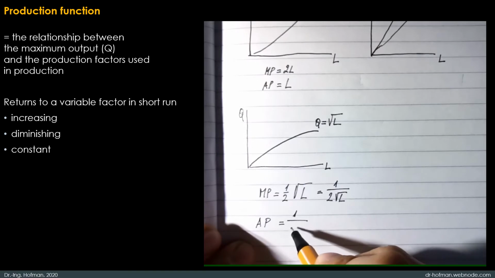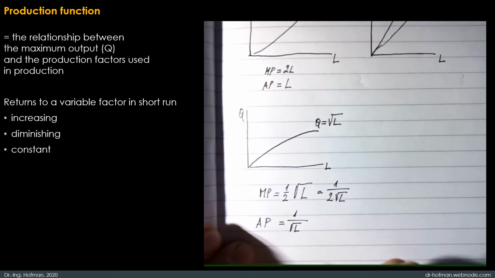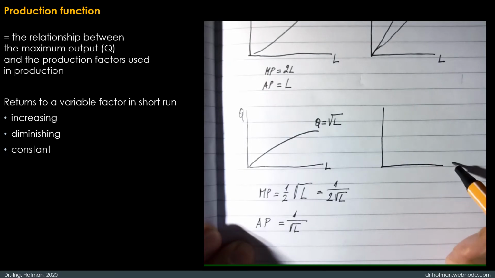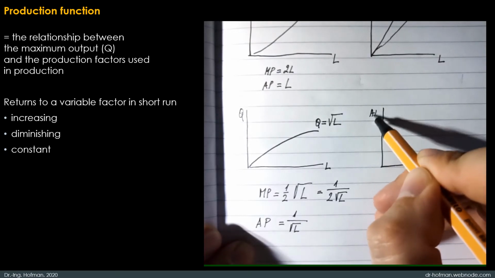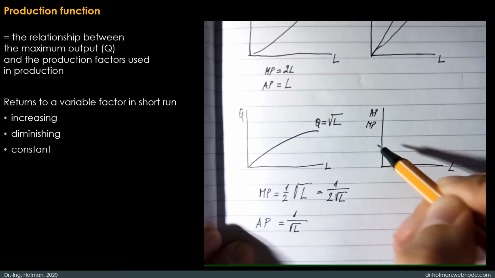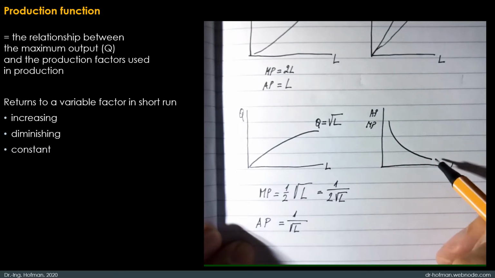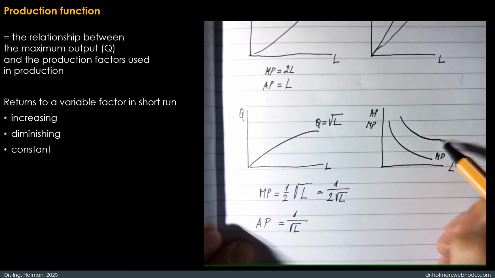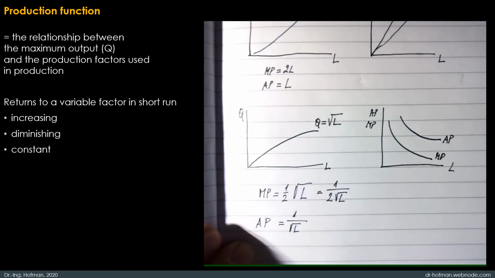Average product also decreases. The axes are L and AP, MP. You see that they both decrease. Marginal product decreases faster.